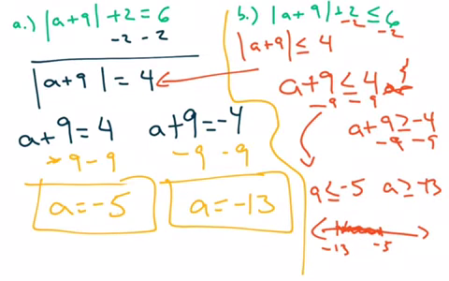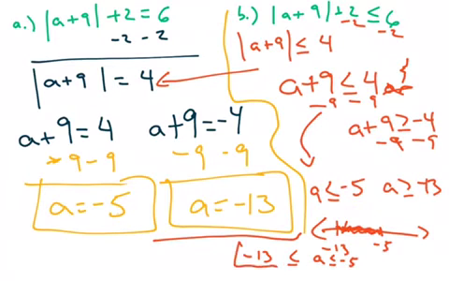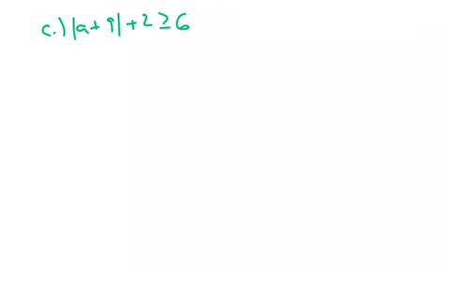So the final answer here is, I'm running out of real estate, but a is going to be between negative 13 and negative 5. So my recommendation is that you draw a picture to see what's going on in order to realize how to actually write this. But this would be your final answer right here.